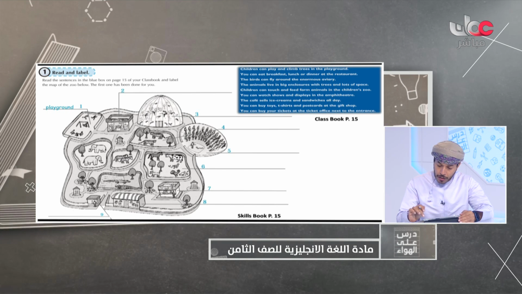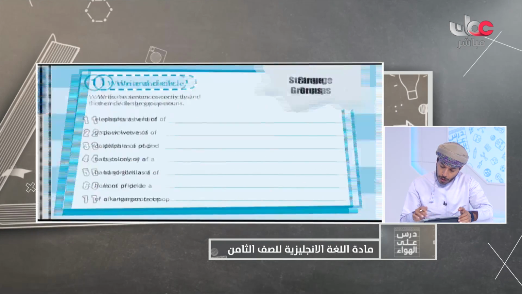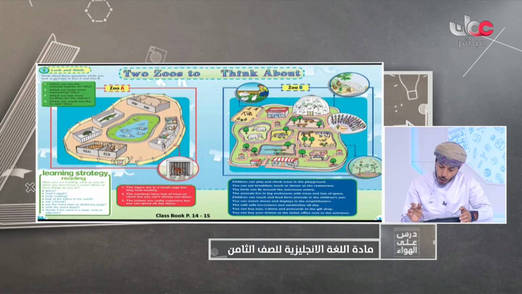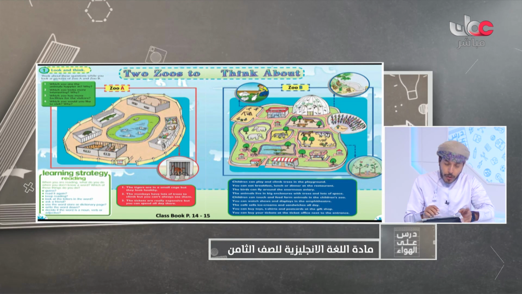Okay, and when we go back to our previous lesson, on these pages of your class book, pages 14 and 15, you are going to have two kinds of zoos, zoo A and zoo B, and you need to think about them.